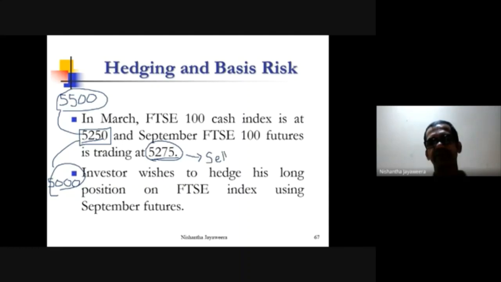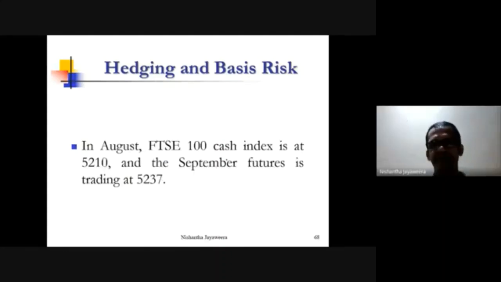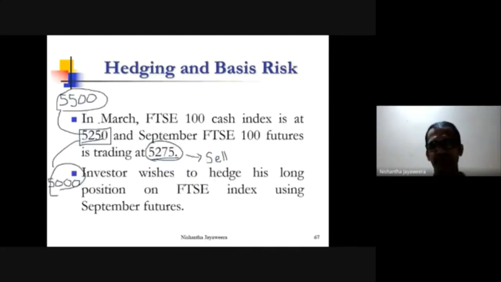You sell a futures contract. Say the index is at 5,250 in March, and in March you sold a September futures contract at 5,275.